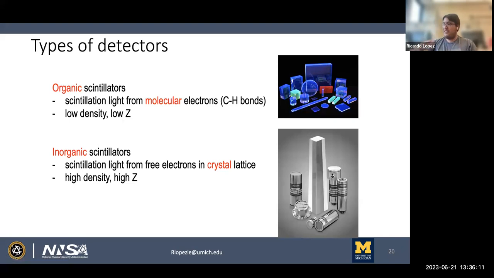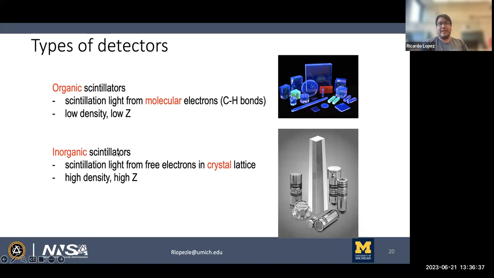Now, there's a problem for some particular applications. One of them technically being with gamma rays, because they're so low Z and low density, a lot of gamma rays could end up just passing through them, but you tend to end up still getting them to interact via the Compton effect anyways, and we'll talk a bit about that in a second.